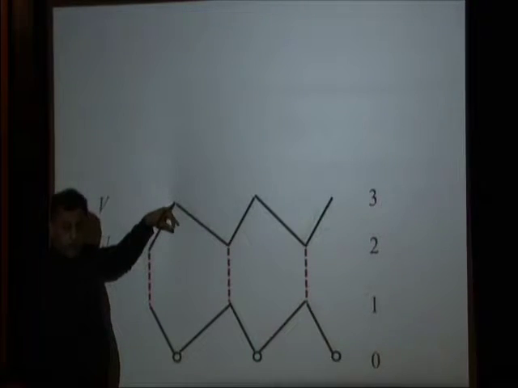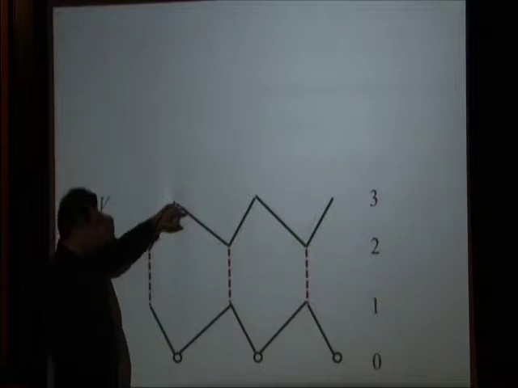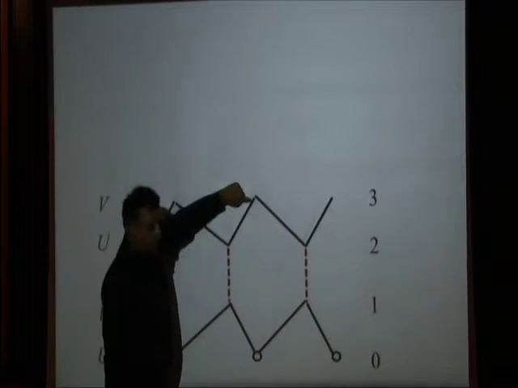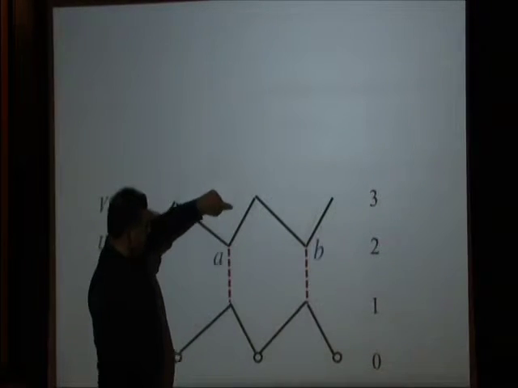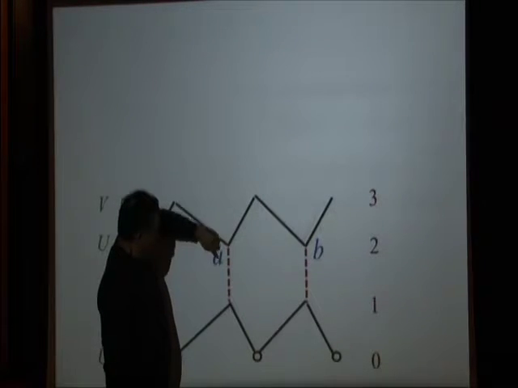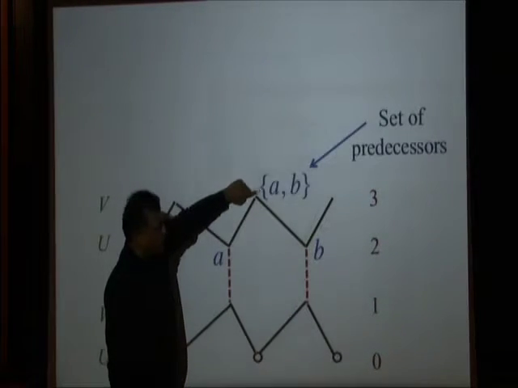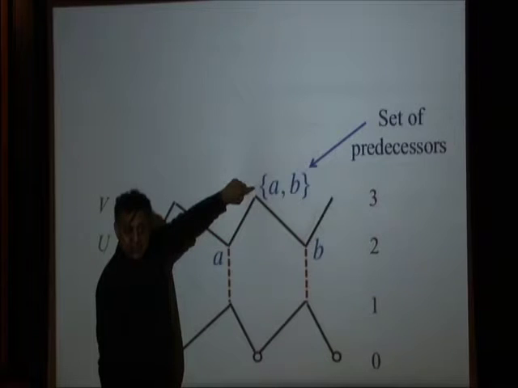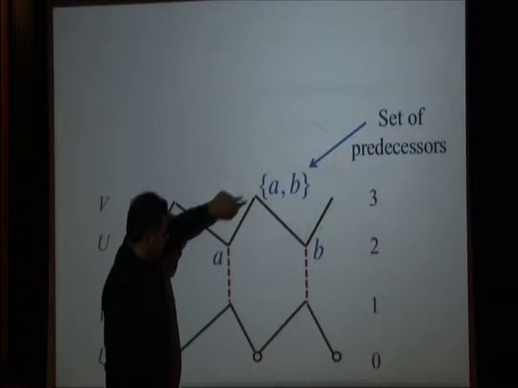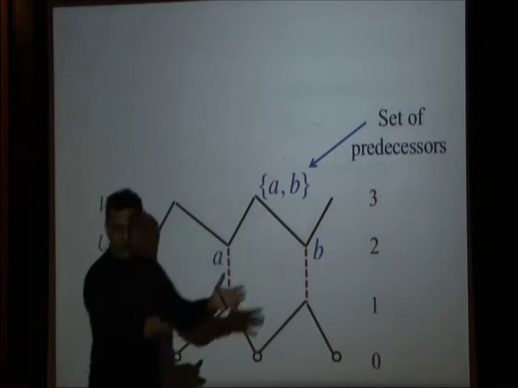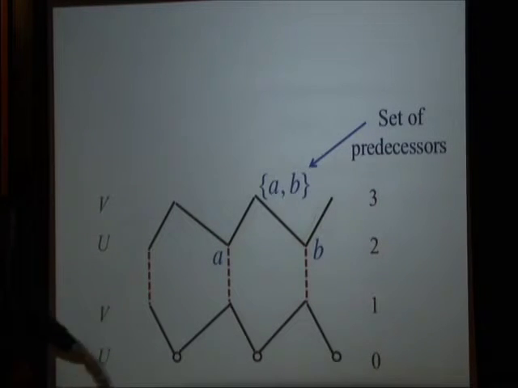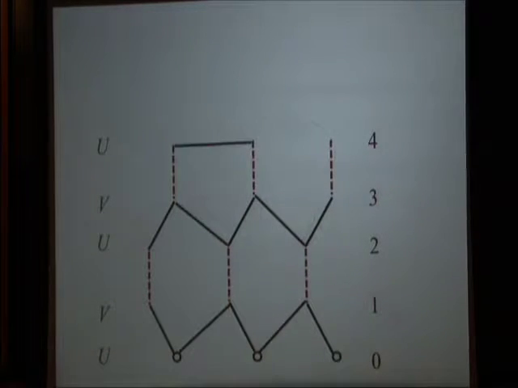One more thing you do, which is very important, is that each time you find an edge like this edge, you note this as a set in its set of predecessors. So this guy has 2 predecessors, A and B, and you can do that in constant time per edge, right? And you go on like this.